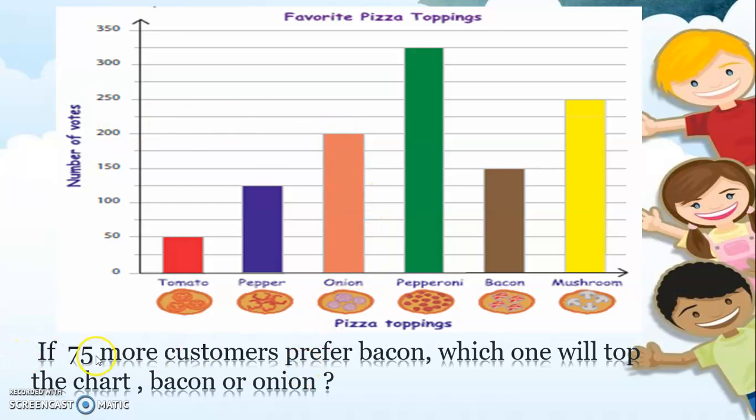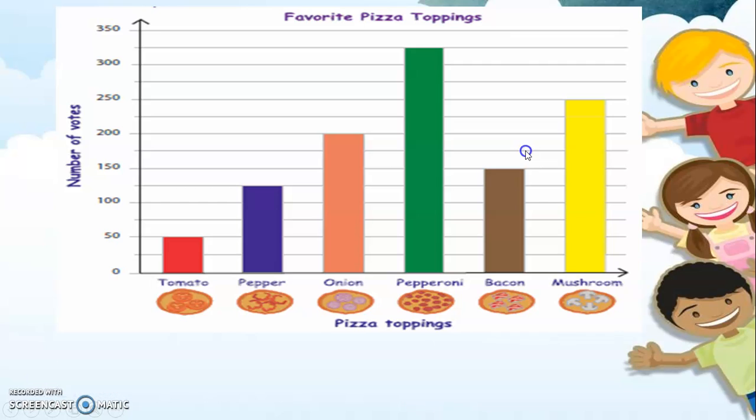It means if we add more customers to the bacon, it will be on top of the onion, because if we add 75 more customers, it will stop at 225.